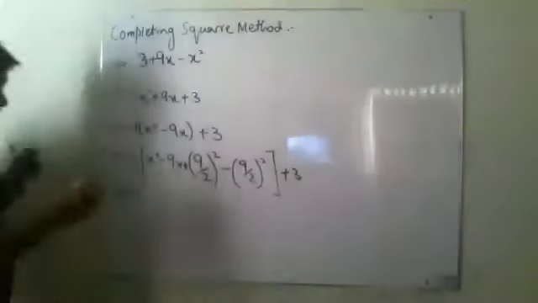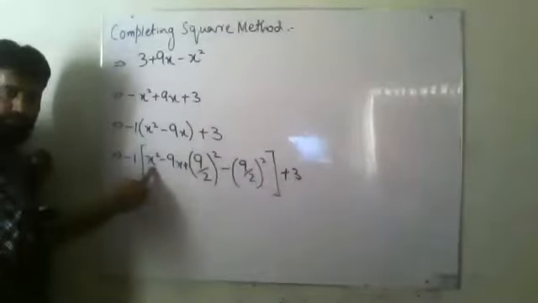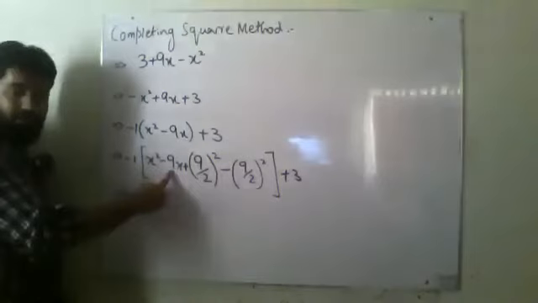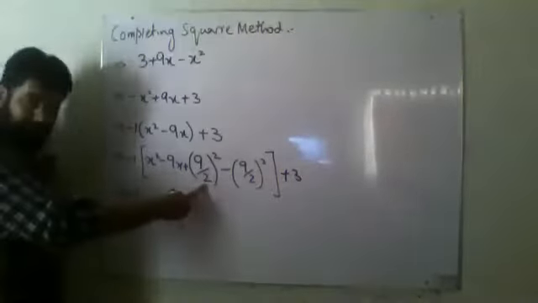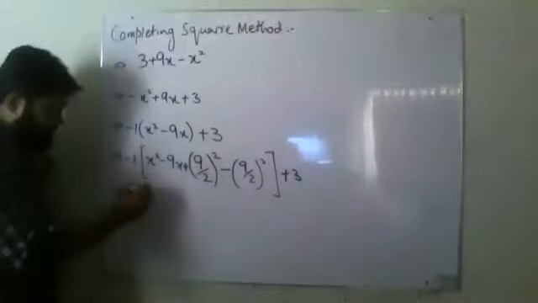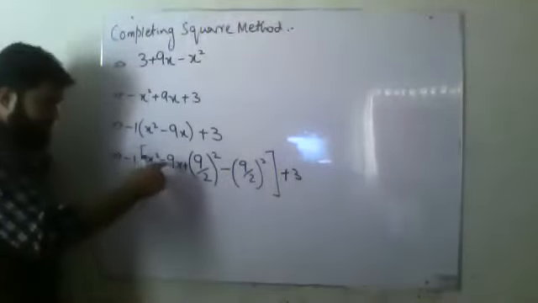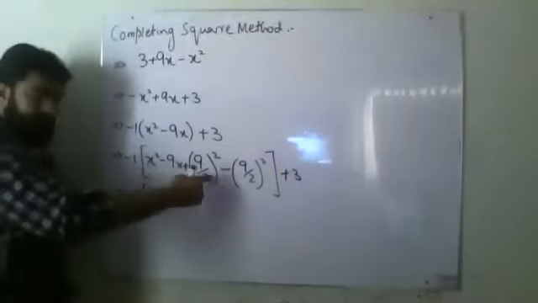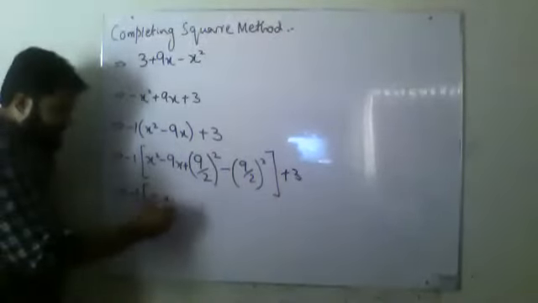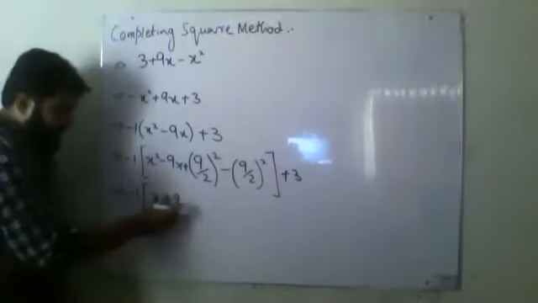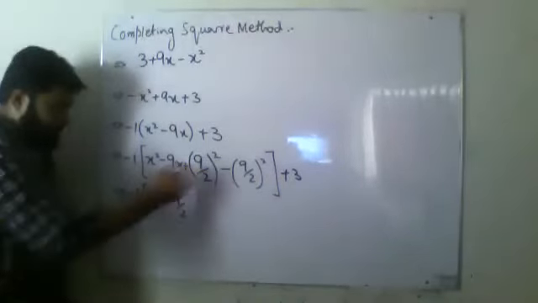So now this is my a square, this is my 2ab term, and this is my b square term. So a square minus 2ab plus b square will become x minus 9 over 2.